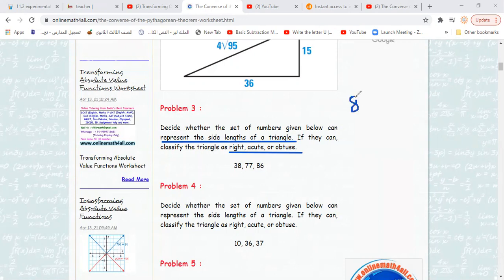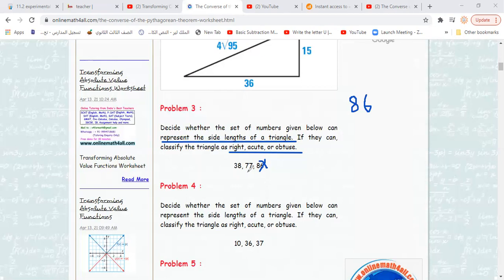Okay, 86, and we will find the sum of the other two sides. So we take 86, and then we are going to work with the other two sides. Again, if you want to say whether these numbers represent the side lengths of a triangle or not, you have to put the largest one on one side, and then find the sum of the other two sides.